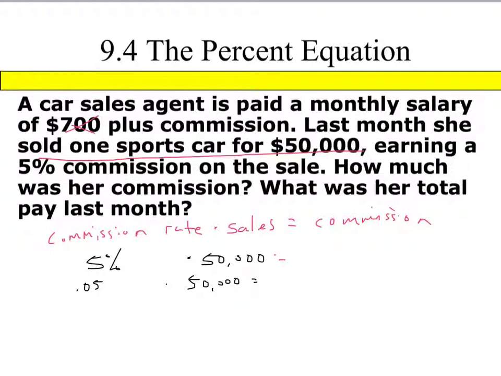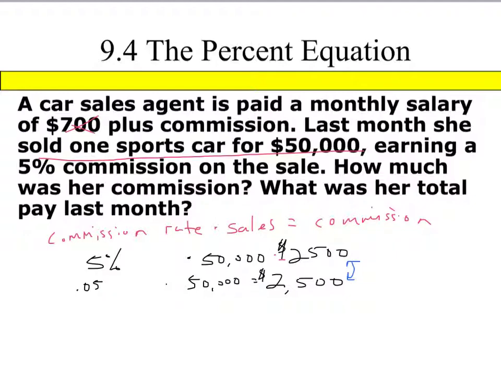Okay, so 0.05 times 50,000 is what? Tell me. All right, I almost said 25,000. It is $2,500. So she made $2,500 in commission.